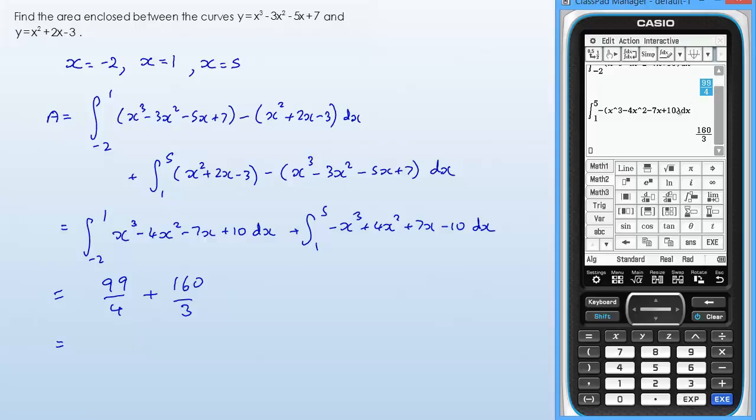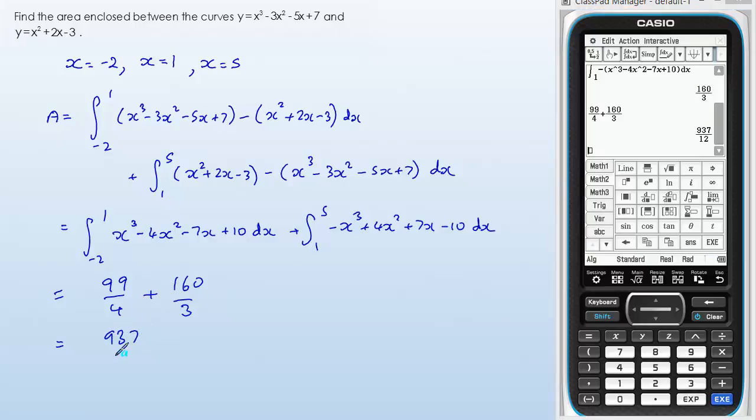And then we'll just add those. And 937 over 12 square units.